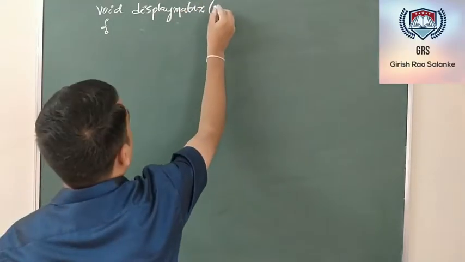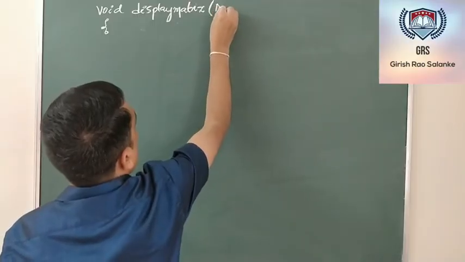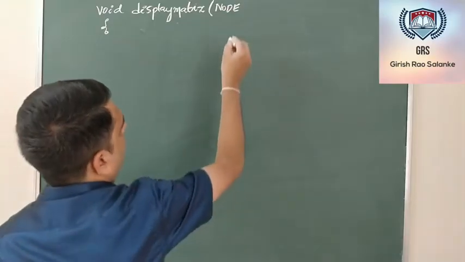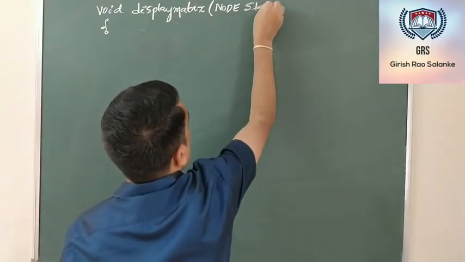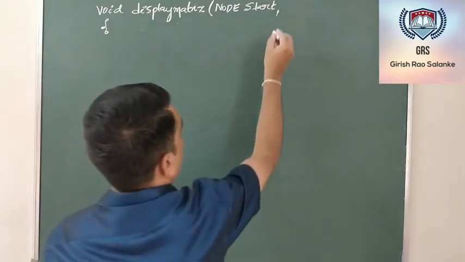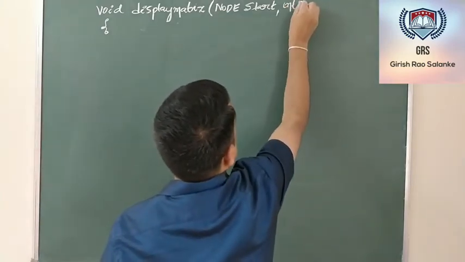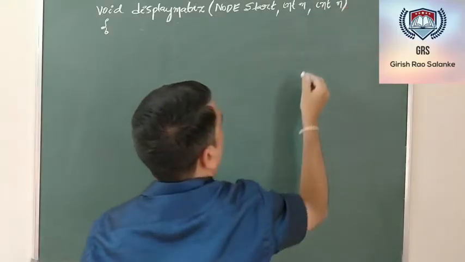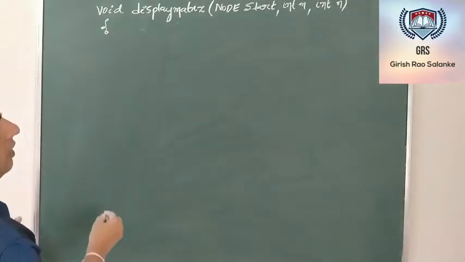The argument to this display matrix function is the reference of the doubly linked list. From the doubly linked list, I need to regenerate the matrix. So it is node start. Now there should be two other arguments: the order of the list, the number of rows m, and let us take the number of columns denoted as n.